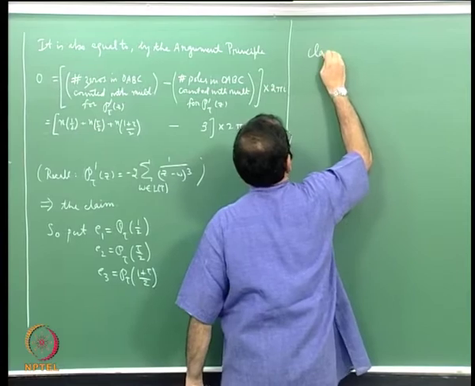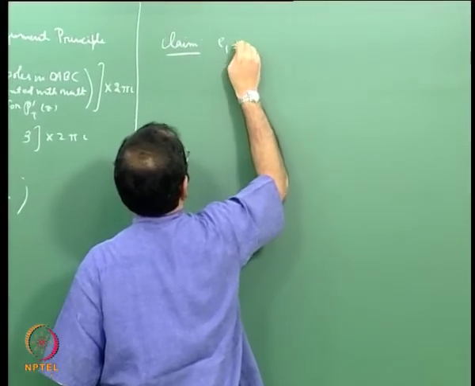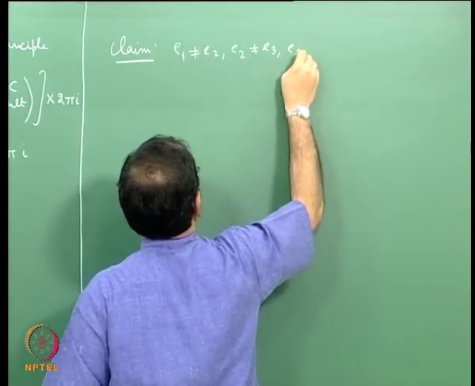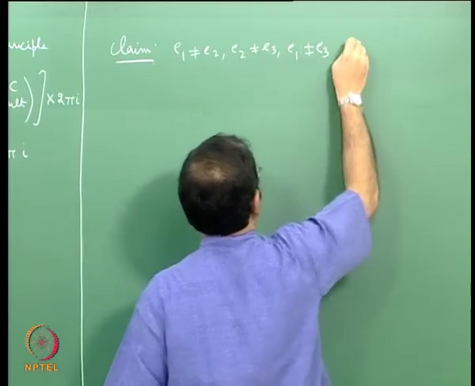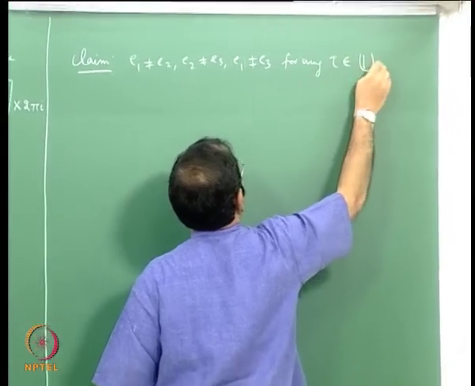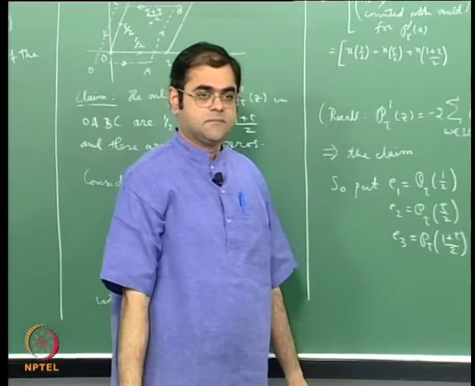Claim: E1 is not equal to E2, E2 is not equal to E3 and E1 is not equal to E3 for any tau in the upper half plane, okay. I claim that all these values are different.